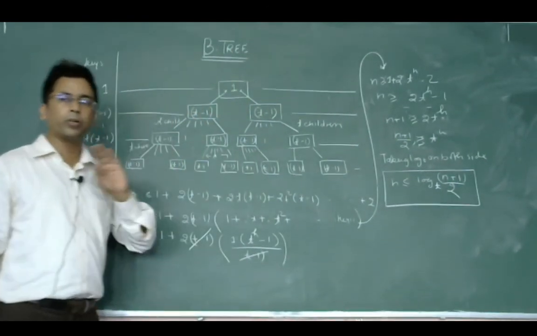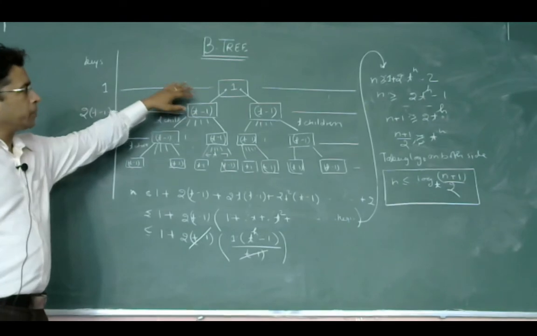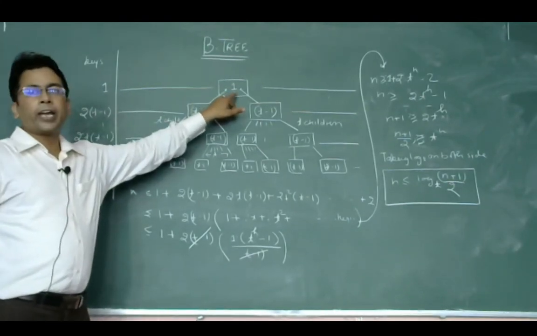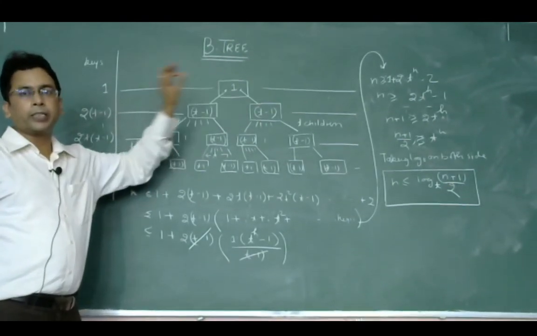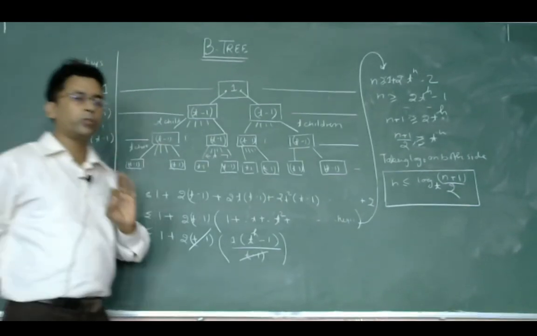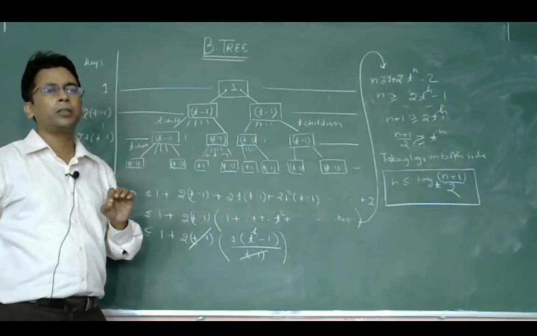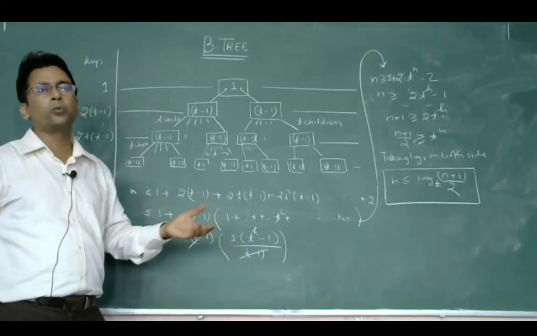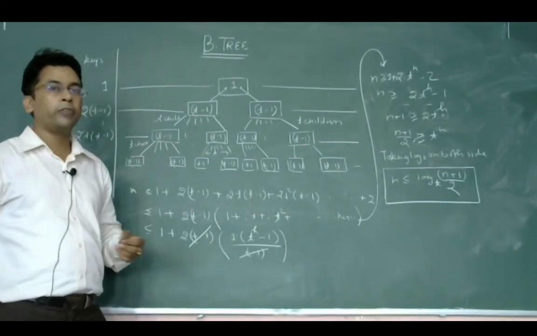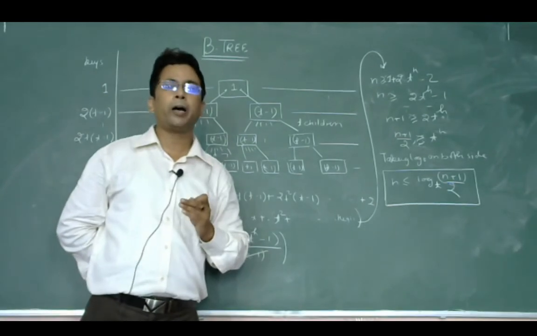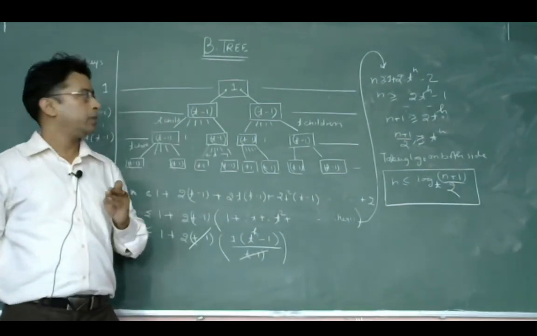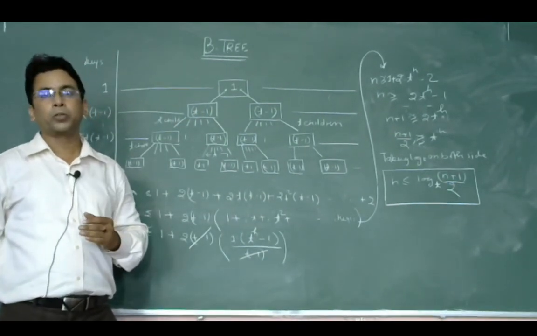I am going to just repeat it once again. Initially the root node can have a single element. It is an exception. The rest of the nodes satisfy the criteria that they should have at least t minus 1 or at most 2t minus 1 keys. We wanted to calculate the maximum height of a B tree with n number of elements.